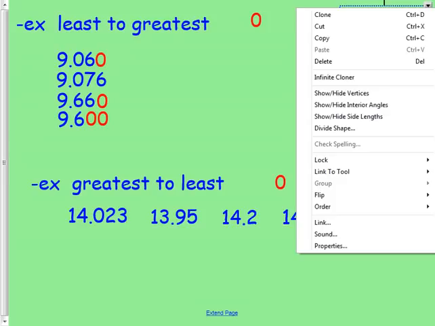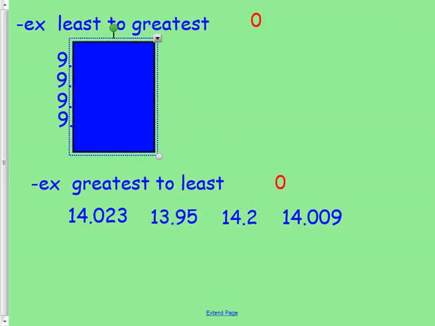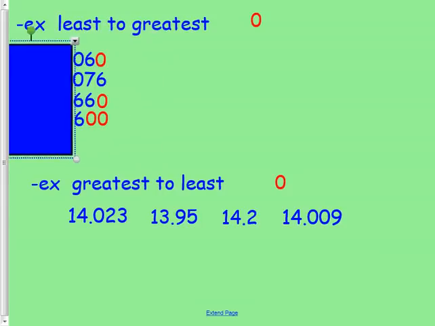So now this becomes a lot easier. I look at the whole number part, they're all the same. So since those are all the same, I can't base a comparison on the whole numbers. So when I look at the decimal part of it, I want to go from least to greatest. So 60, then 76, then 600, then 660.